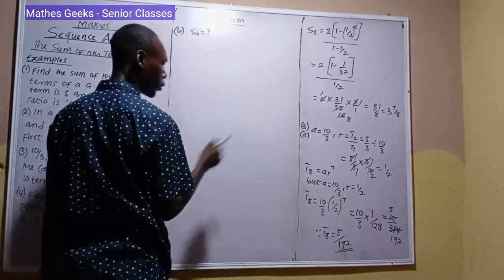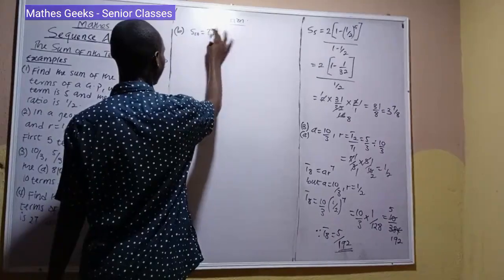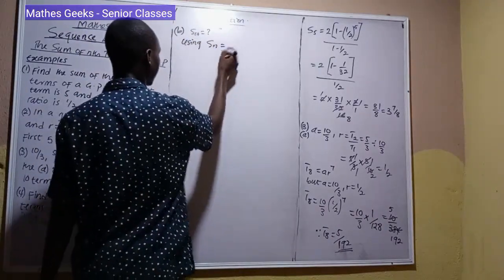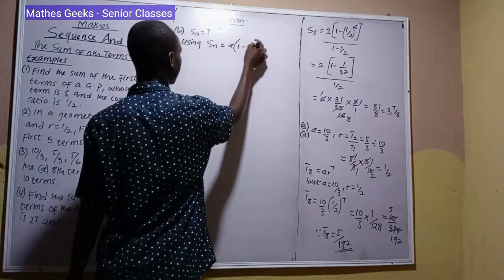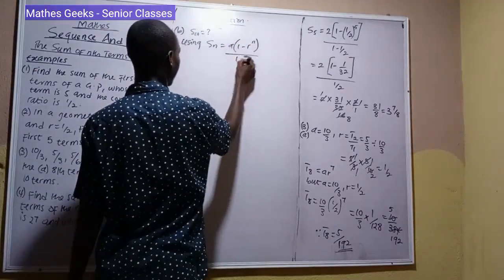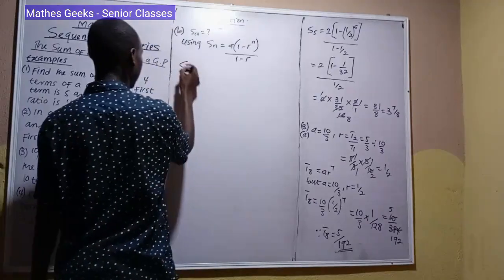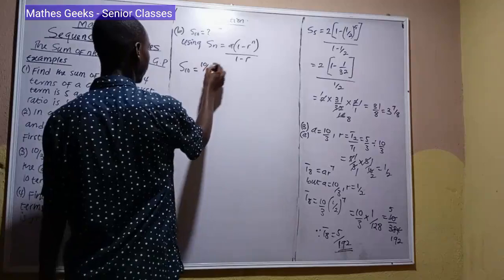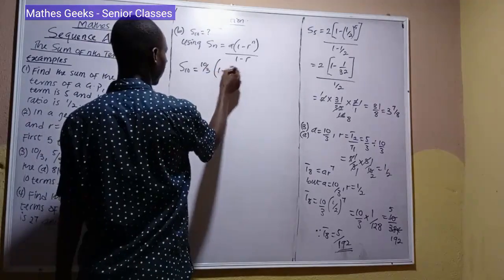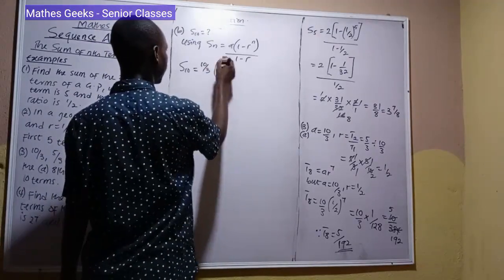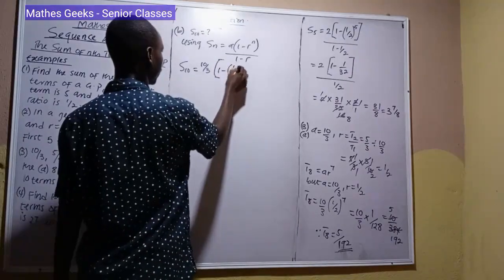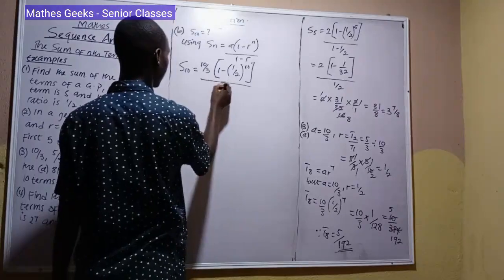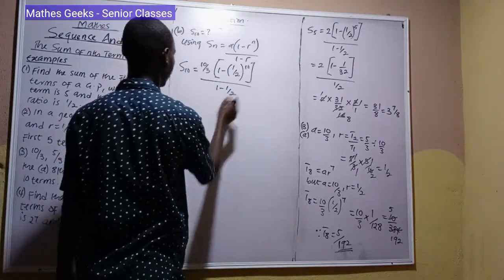Since the common ratio is less than 1, we use Sn is equal to A times 1 minus R raised to power n over 1 minus R. So S10 is equal to first term, which is 10 over 3, times 1 minus 1 over 2 raised to power 10 over 1 minus 1 over 2.